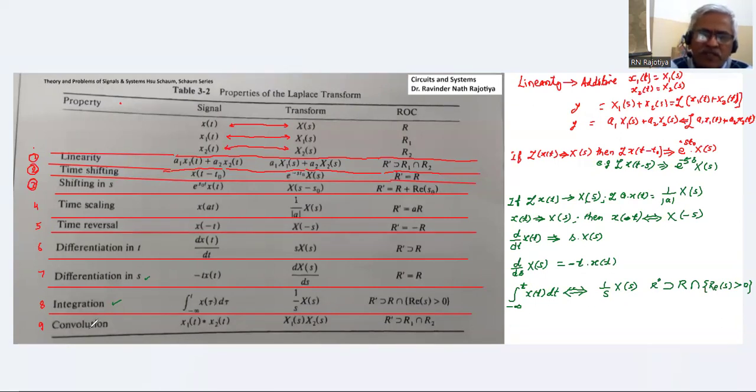Lastly, the ninth property of the Laplace transform is the convolution.